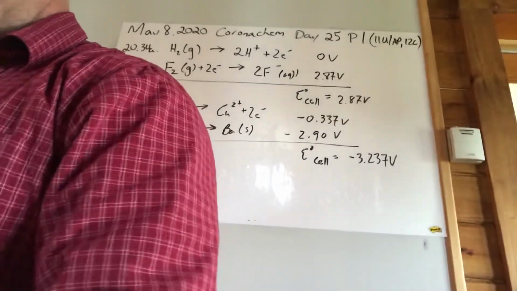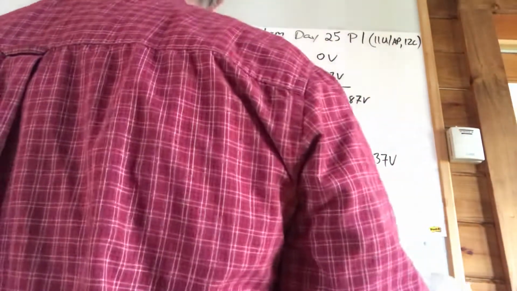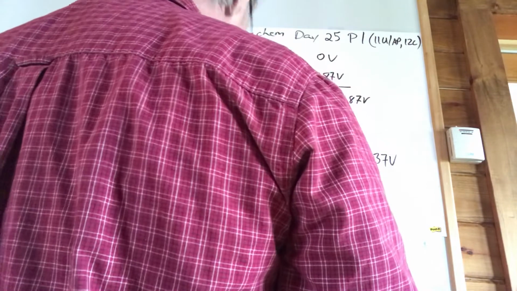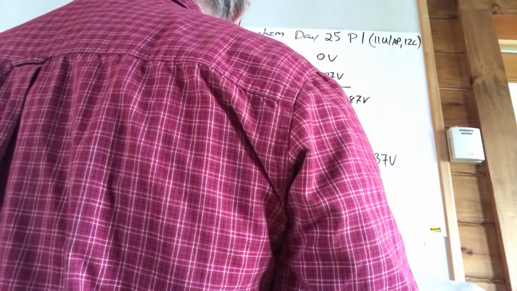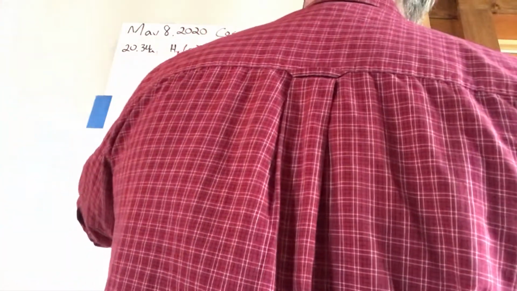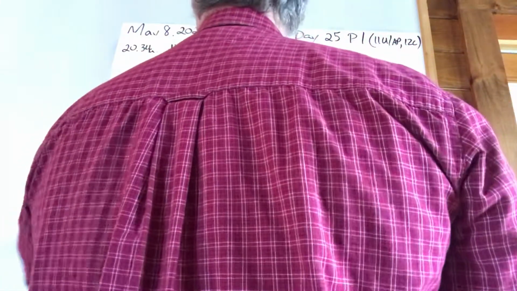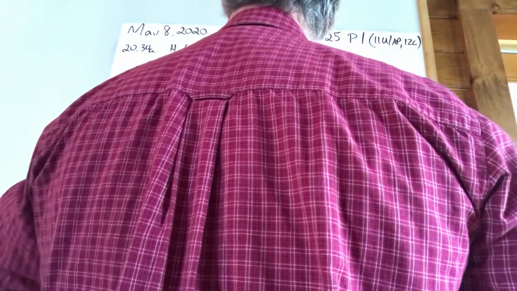We have Fe2+ aqueous going in one instance to become solid elemental iron, so that will require the addition of 2 electrons.